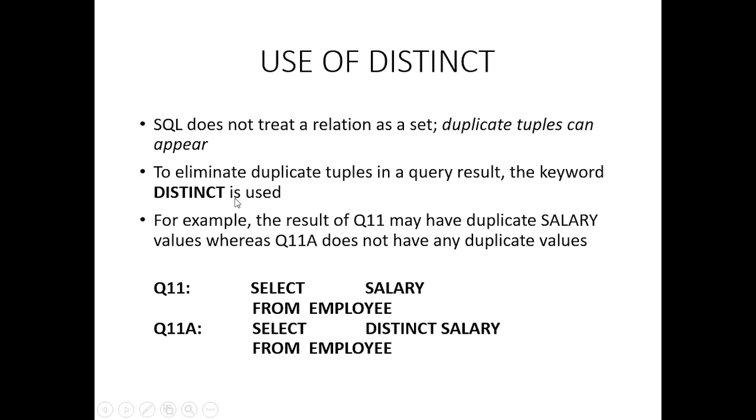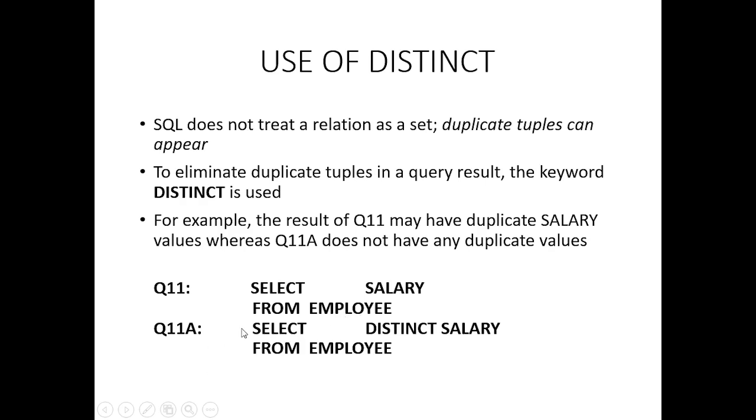For example, suppose we have a query. The result of this query may have duplicate salary values, whereas the next query does not have any duplicate values. For example, query Q11 will select salary from employees, so it will select all salaries from employees.